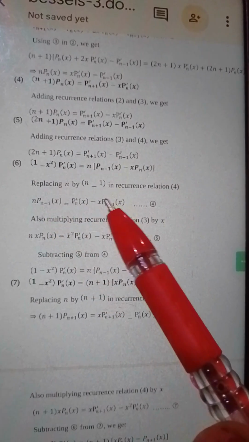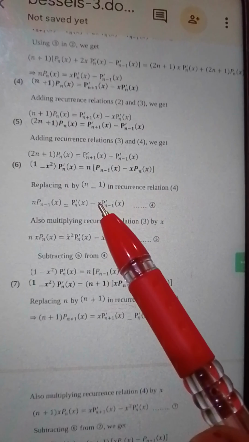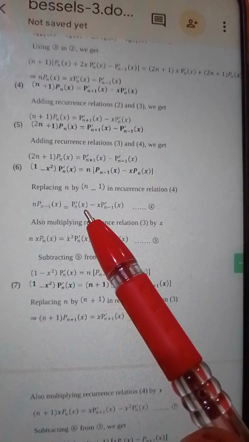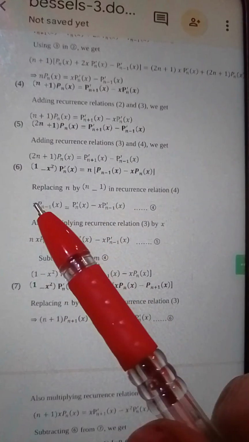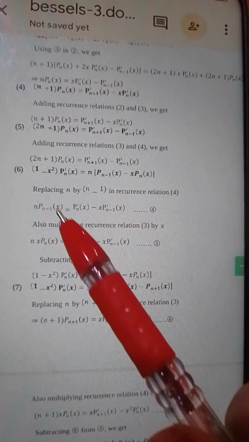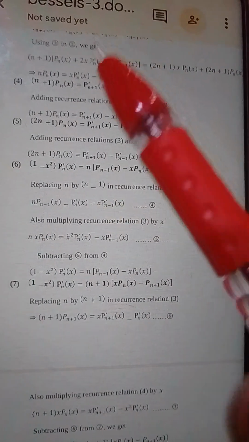I hope this step is clear. We have just replaced n by n minus 1. It means in place of n we are writing n minus 1. And multiplying by x. Multiplying the recurrence relation third by x.